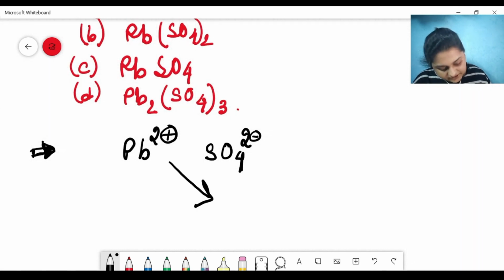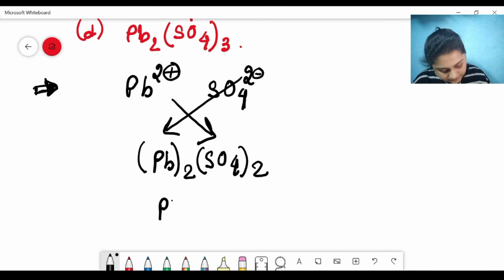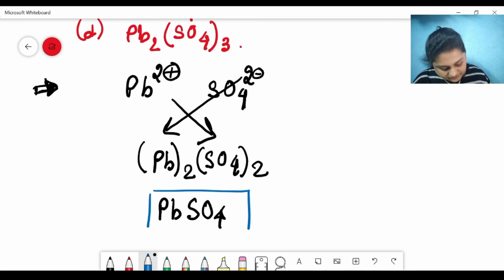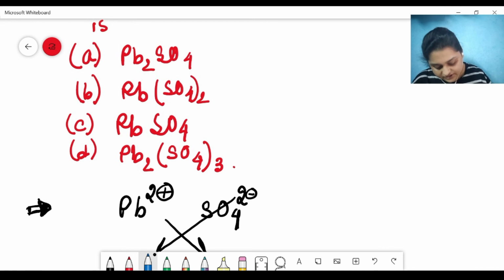By simply interchanging their numerical values of charges, we can find Pb whole 2, SO4 whole 2, or in a simple term, PbSO4 is our answer. Now, in the MCQ, the number C is given PbSO4. So, the answer is C.